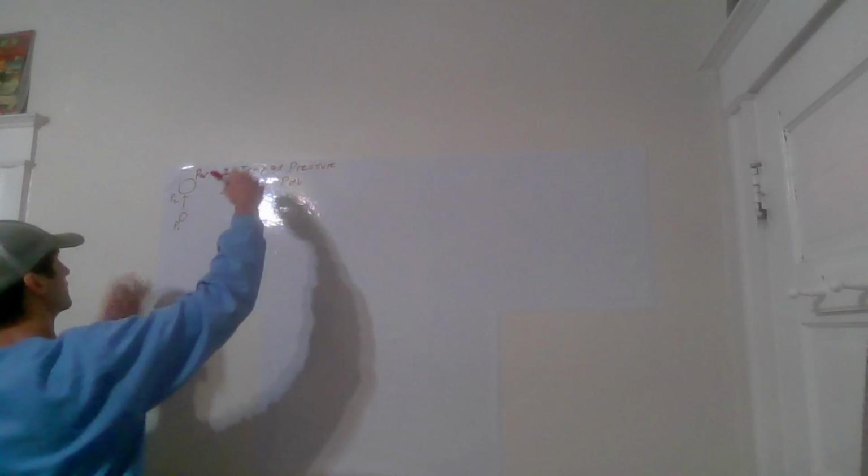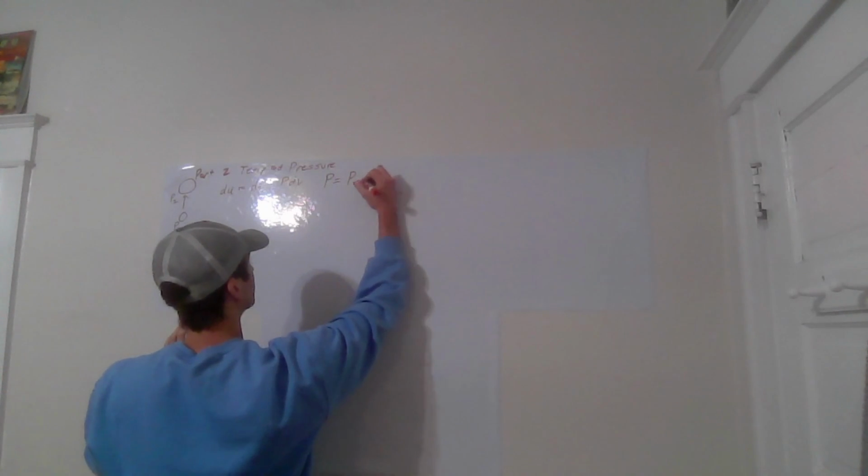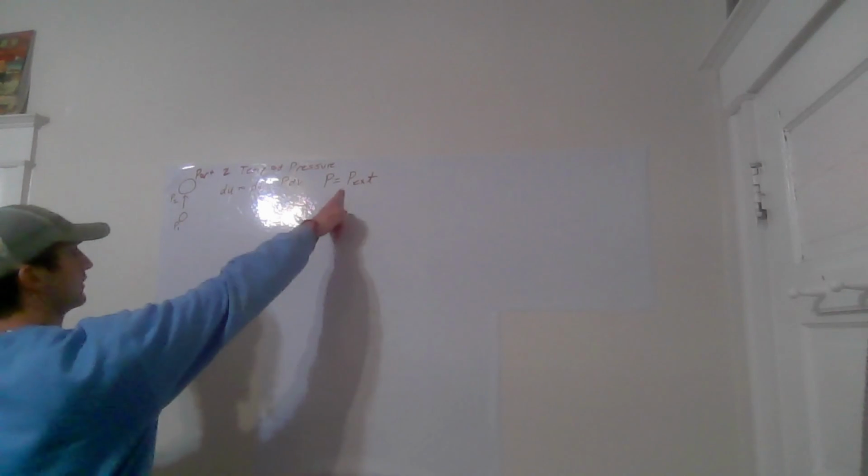Once this pocket of air rises, the volume is going to become greater. And we need to worry about our external pressures forcing down on the pocket of air. So our pressure is just going to be equal to our external pressure. And this is going to give us our equations for P1 and P2.